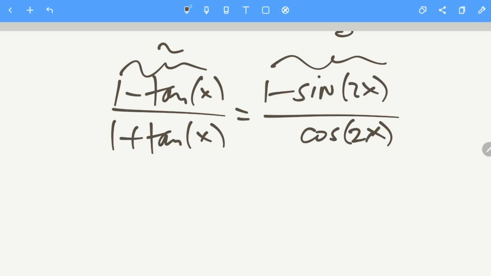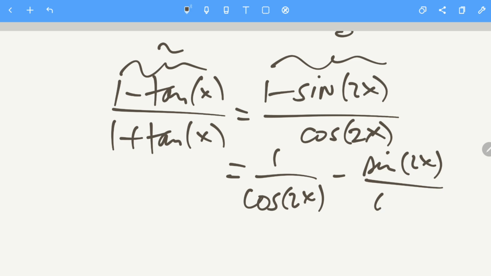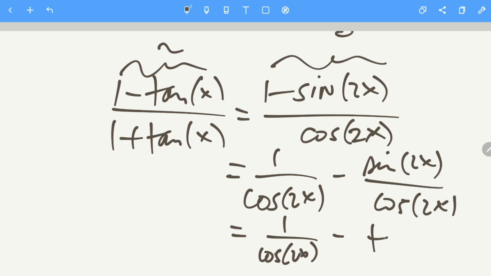So it is recommended I start from the right hand side, because the first step will be to split this fraction into 1 divided by cosine of 2x minus sine of 2x divided by cosine of 2x, and then 1 over cosine minus tangent of 2x.